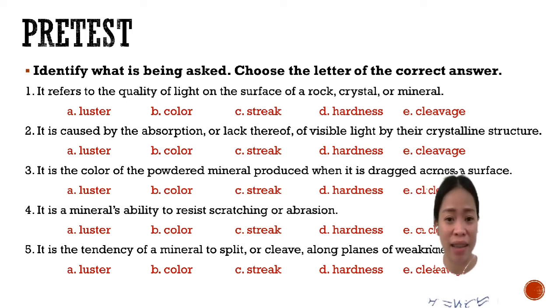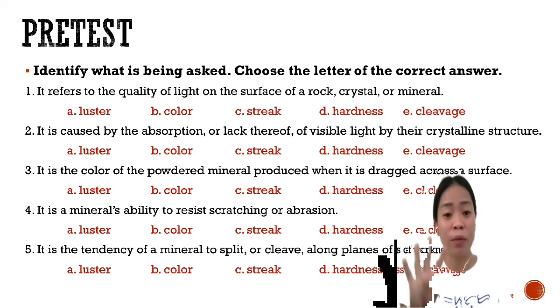Number 2. It is caused by the absorption or lack thereof of visible light by their crystalline structure. Letter A. Luster. B. Color. C. Streak. D. Hardness. And E. Cleavage. Number 3. It is the color of the powdered mineral produced when it is dragged across the surface. Same options. Number 4.